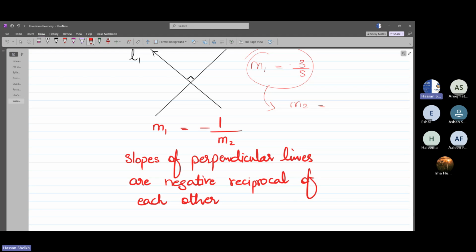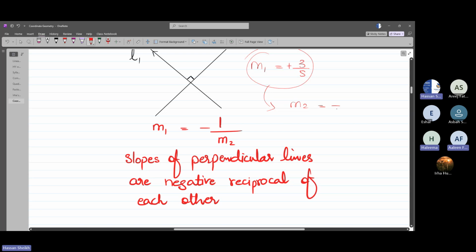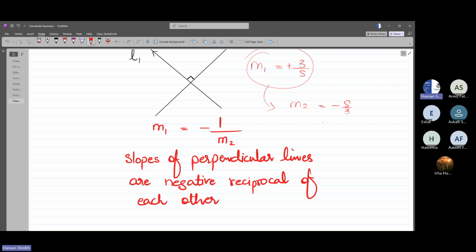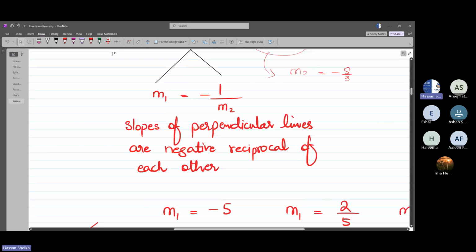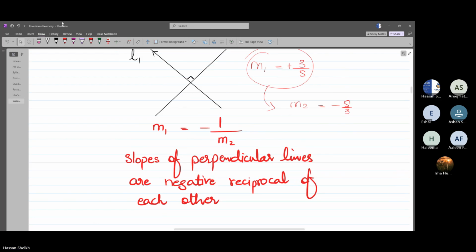What do we have here as sign? Positive. Change the sign. The positive would be changed to what? Negative. And then flip the fraction. Vertically flip the fraction. That makes 3 over 5 to 5 over 3. Yes. This is called negative reciprocal. Okay.